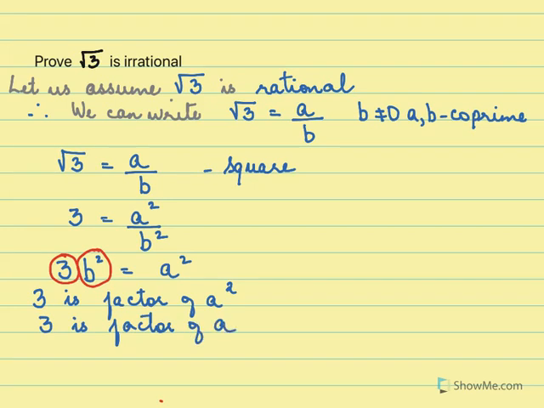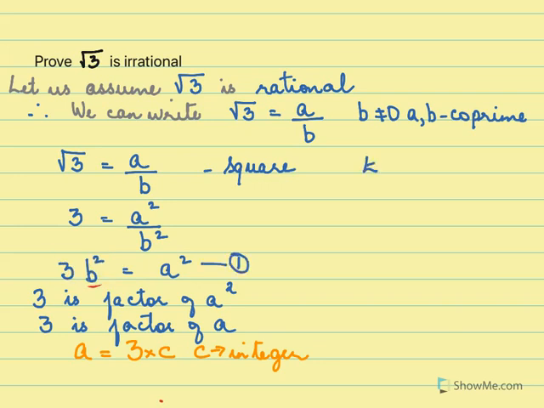If 3 is a factor of a, so a can be written as 3 into c, where c is any integer. So in equation 1, which says a square equal to 3b square, I'm going to substitute a equal to 3c.